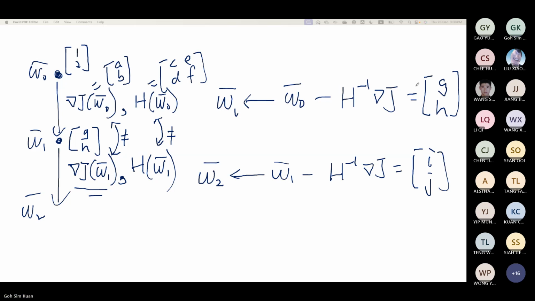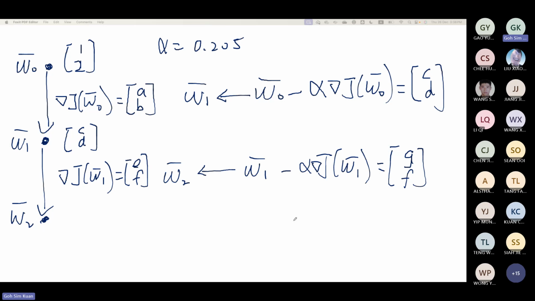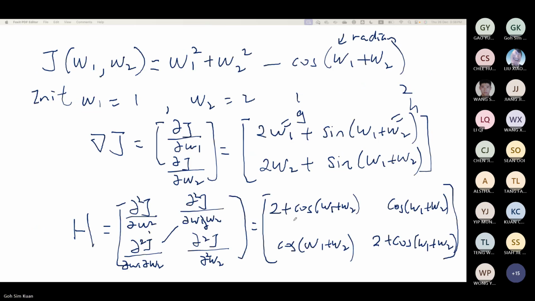Okay, so do you have any questions based on what we have discussed so far? We just discussed how to optimize a function given to us with gradient descent and Newton's update, the Newton method.